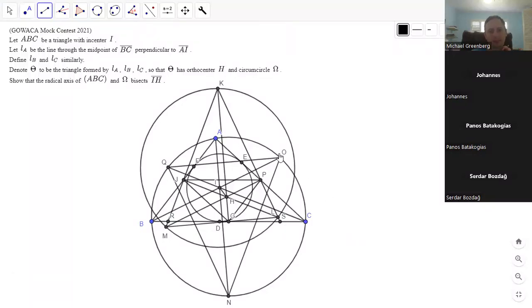Okay, so you said we have a Simpson line. So QR and OS are perpendicular to BC. Okay.